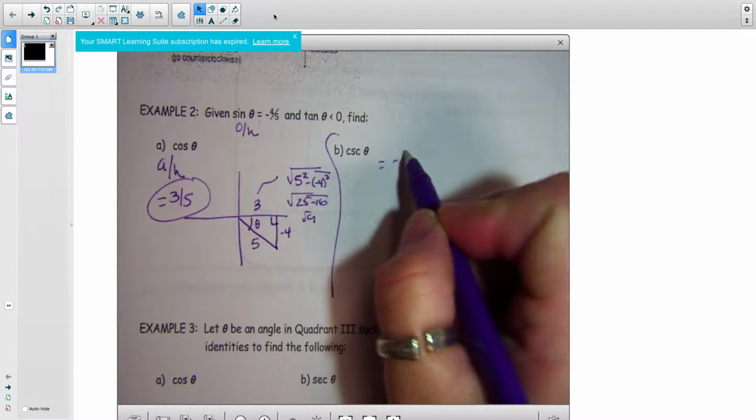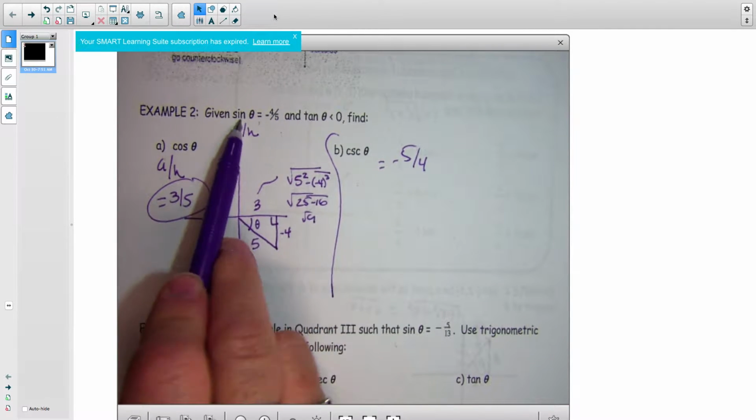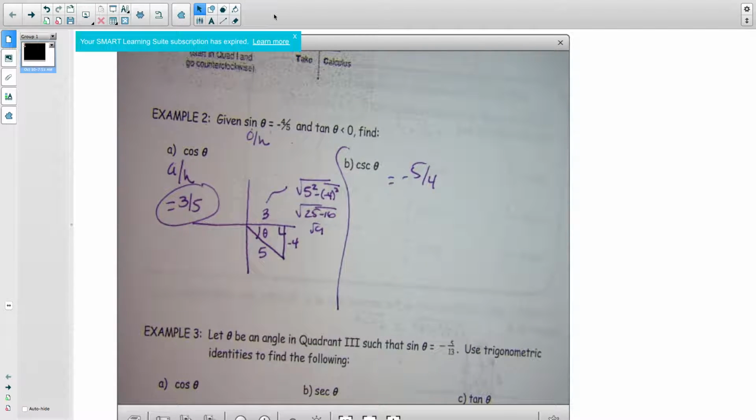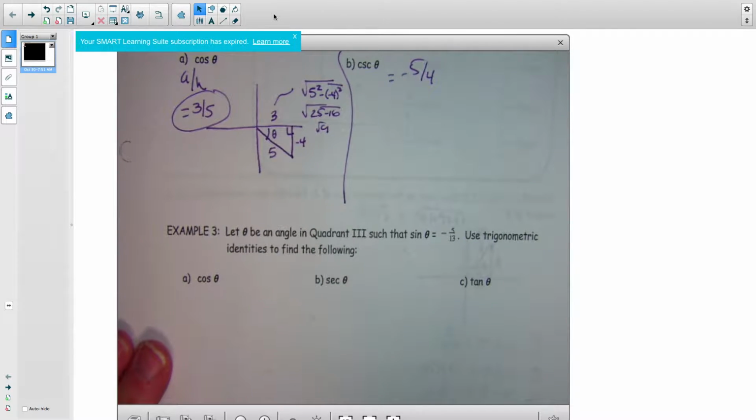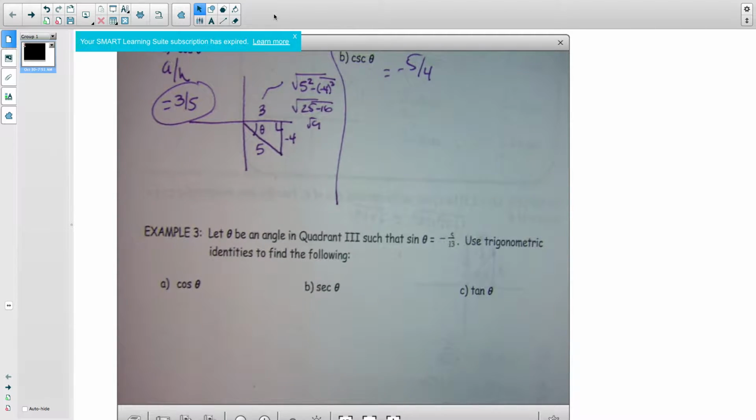Negative 5 over 4, because sine and cosecant are reciprocals of each other. Questions on that one?